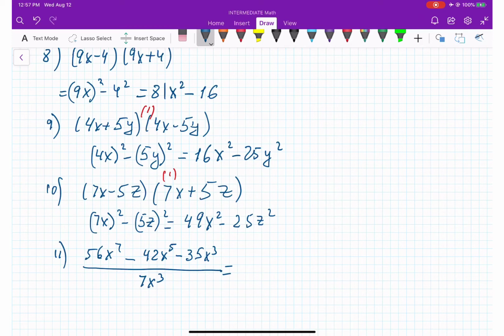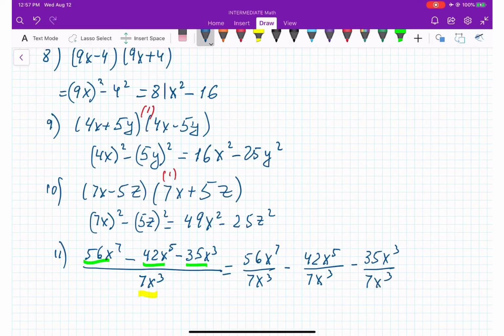So what do we have to do? We have to divide, which means every single term in the numerator, we are going to divide by the term in the denominator. So we are going to get 56x to 7 over 7x cubed minus 42x to 5 over 7x cubed minus 35x cubed over 7x cubed.